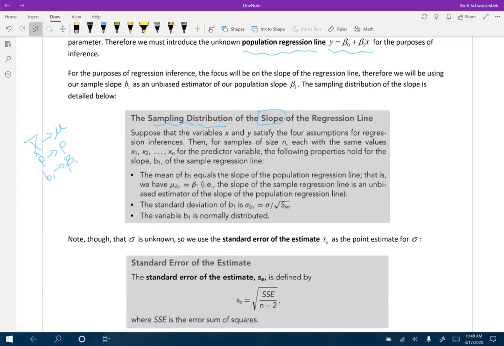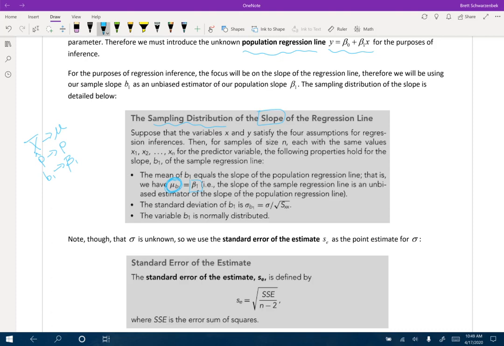So what do you need to know? Just like with means, where the mean of the sampling distribution of x bar was just mu, the mean of our sample slope is going to be the population parameter beta 1.